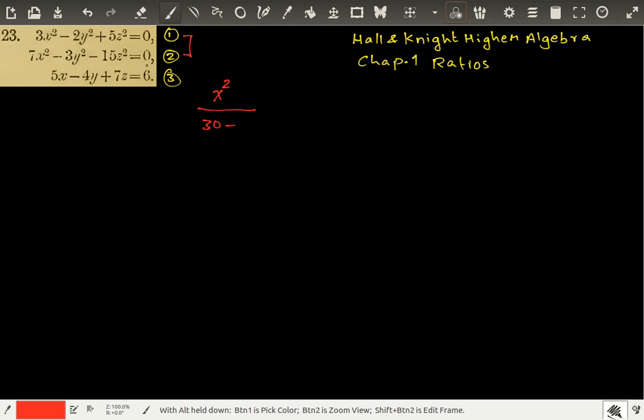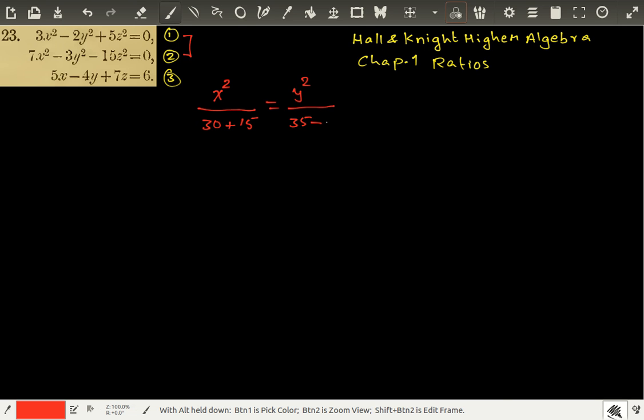So minus 15 is plus 15. Is equal to y over 5 times 7 is 35, minus 3 times minus 15 is minus 45.